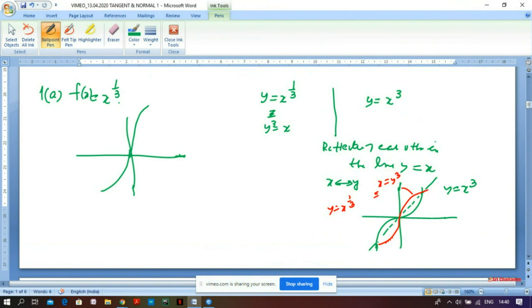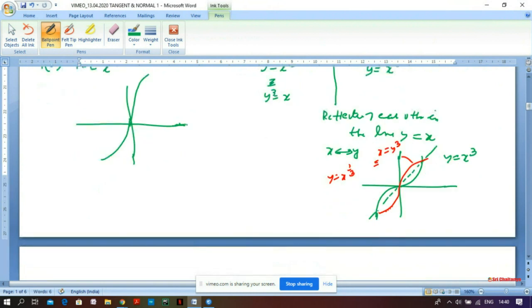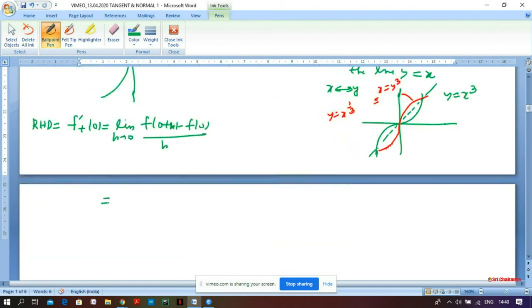So f of x is this, and I want to investigate at x equal to 0 what kind of tangent it has. So apply the definition. F prime plus 0, meaning the right hand derivative at 0, is limit of h tending to 0 of f of 0 plus h minus f of 0 over h. This further rewrites as limit of h tending to 0.